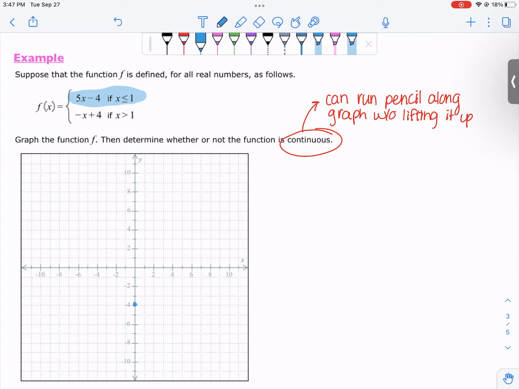The y-intercept is -4. The slope is 5, so I'm going up 5 over 1. I'm going to plot that point, and let me plot a few more points. I'm going to have to delete these later. Up 5 over 1, up 5 over 1, down 5, left 1.